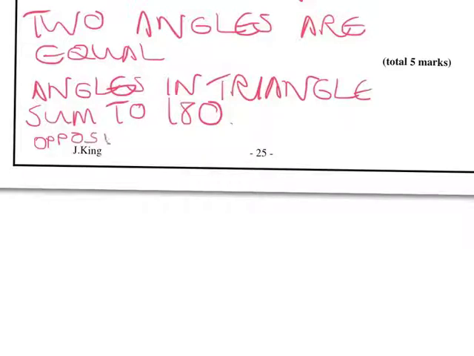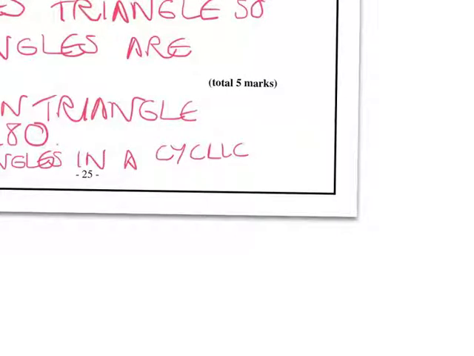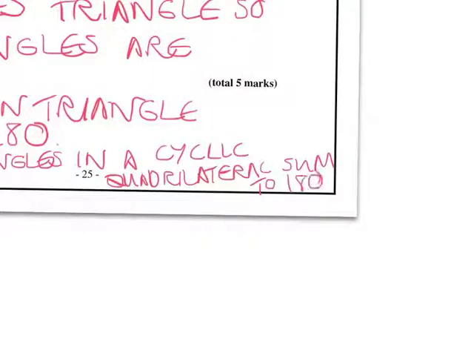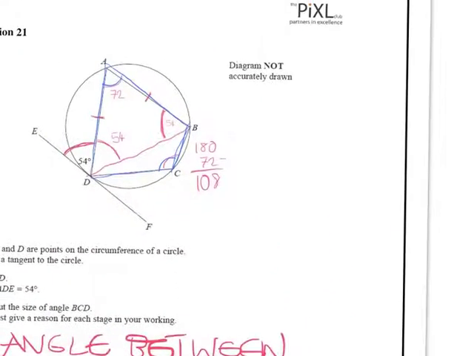Opposite angles in a cyclic quadrilateral sum to 180. So those are all the rules we need to use, and we've already got an answer up on the diagram here. This is our answer. Okay, so we need to make sure we highlight that as well.